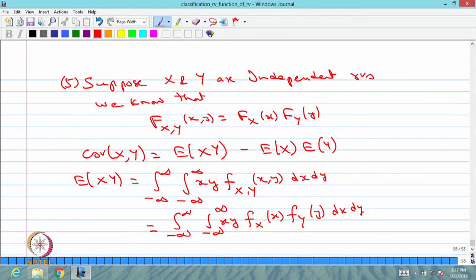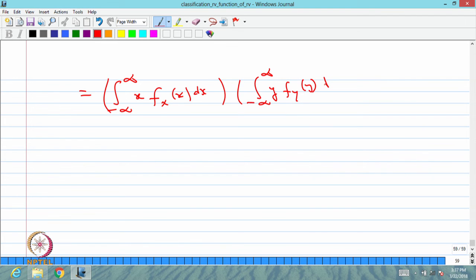Now, the same double integration can be written as the integral of x times f of x dx multiplied by the integral of y times the probability density function of y with respect to y.